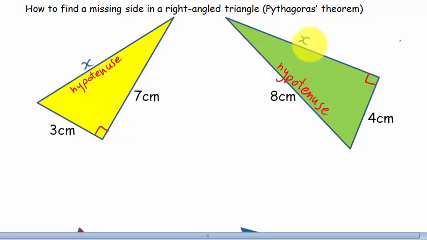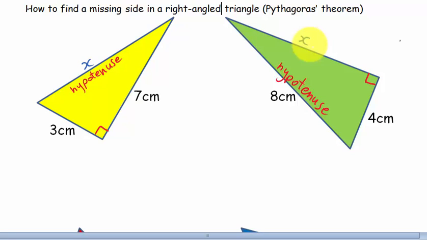In the example on the left, you can clearly see that the side we're looking for, the X, is the hypotenuse of this triangle. The Pythagoras theorem is to do with a certain relationship between the squares of the sides of the triangle.